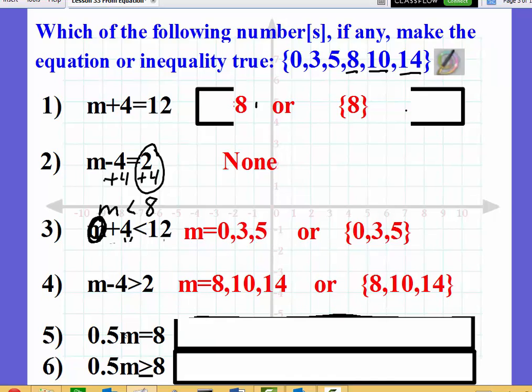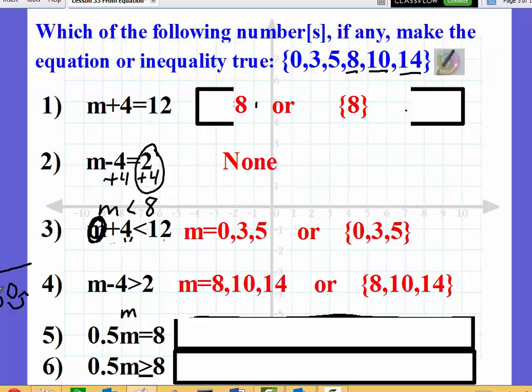There I am. Okay, let's try our next one. M times 0.5, or m times 5/10 equals 8. So let's check. I'm going to do my inverse. What is the opposite of multiplication? That's division. So I'm going to divide 8 off to the side by 0.5. I see my decimals on the outside, so I move that, and I move that.